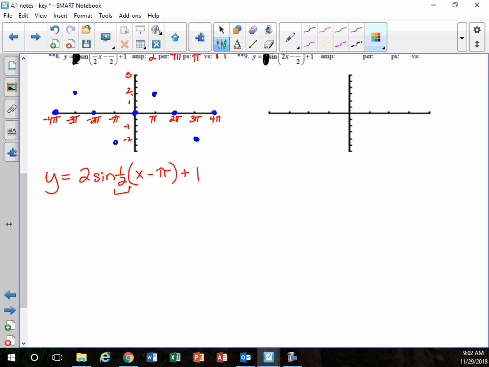Okay, and then where else? Up 1. So, do you guys get it? If I'm going to the right, I should start on the left. Does that make sense? If I'm going to the left, you start on the right. All right. So, try to do your shift. I will do them up here, and then we'll sketch it. So, right pi, up 1.